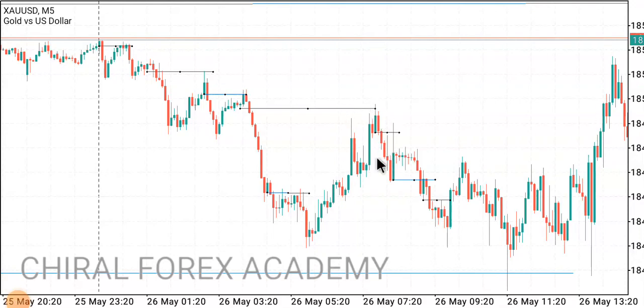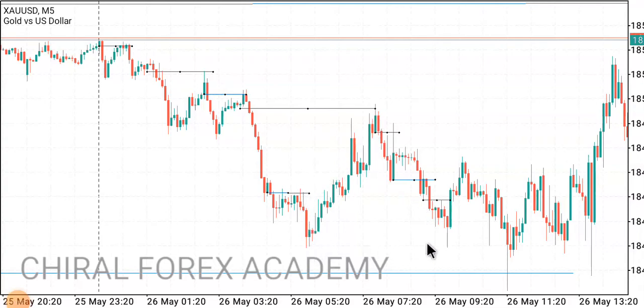Now take for instance, this was a low that was created and price came back way up. We tested this repulsion block. Now if you took your sell, your stop loss should be above this repulsion block right here, and then you should be aiming for where the last sell side liquidity.